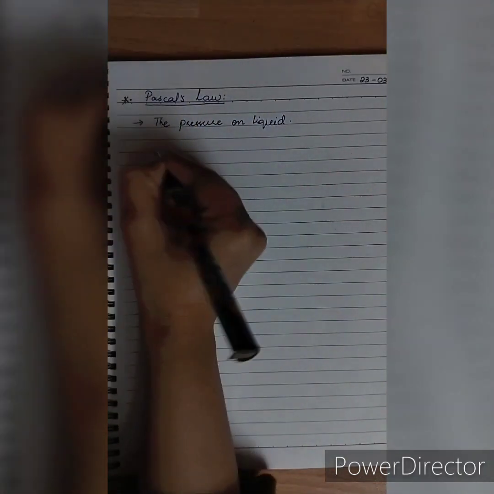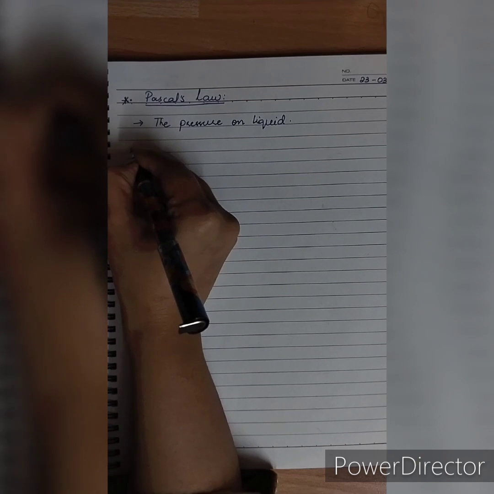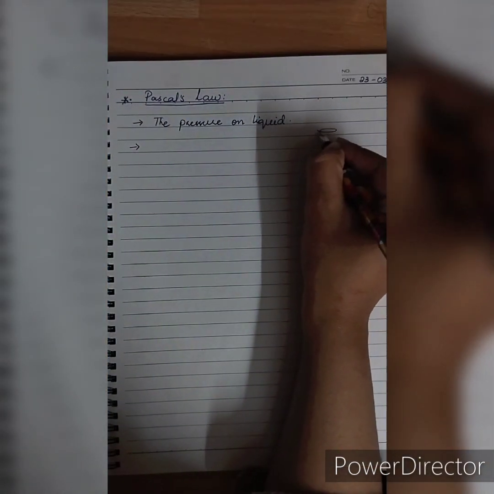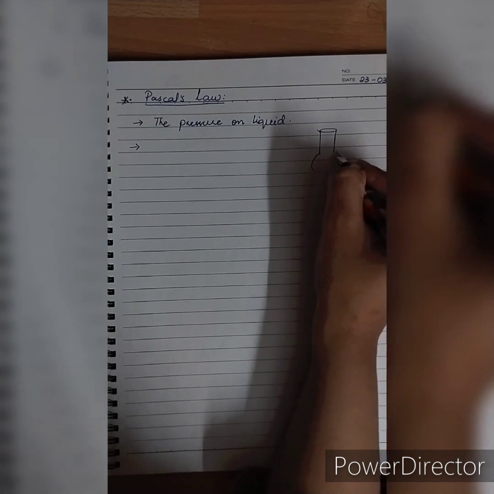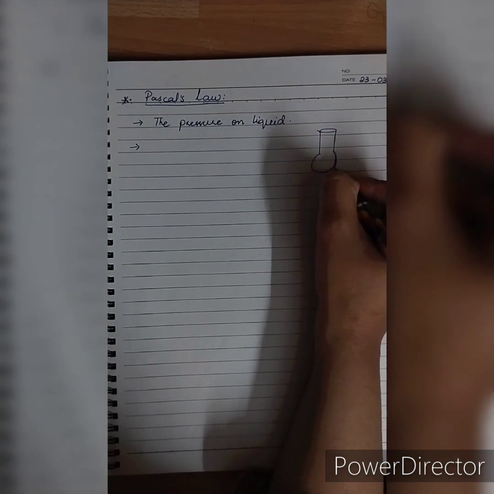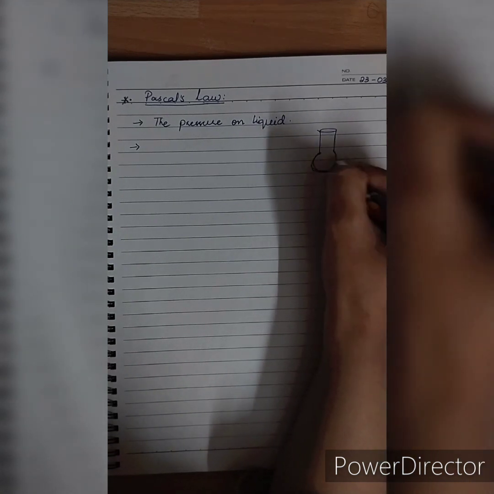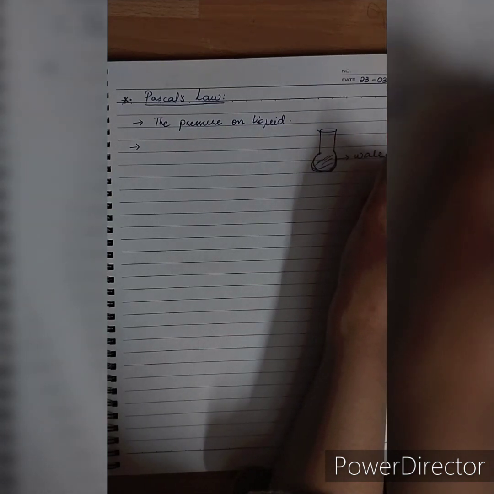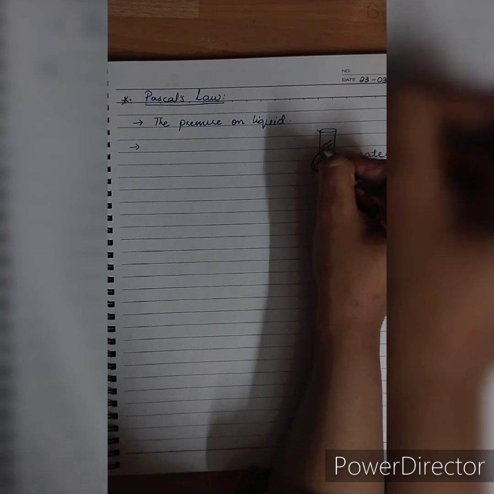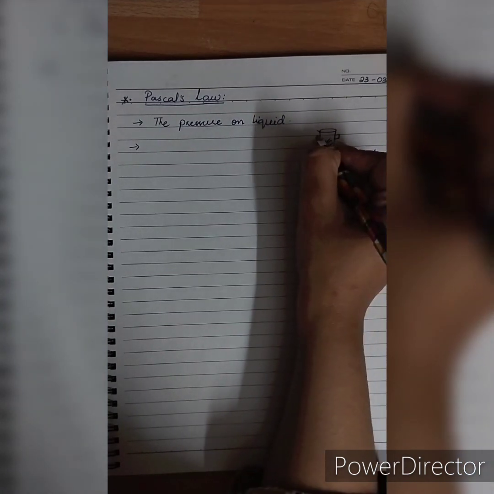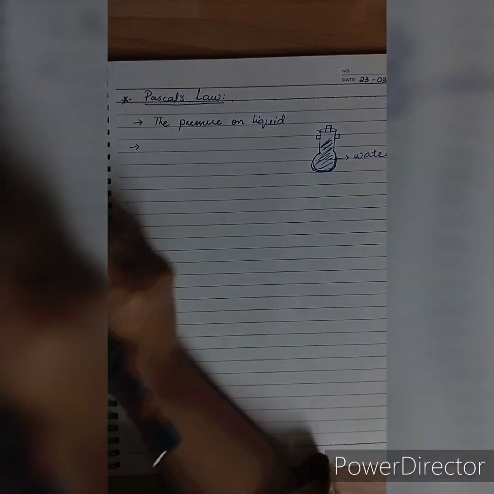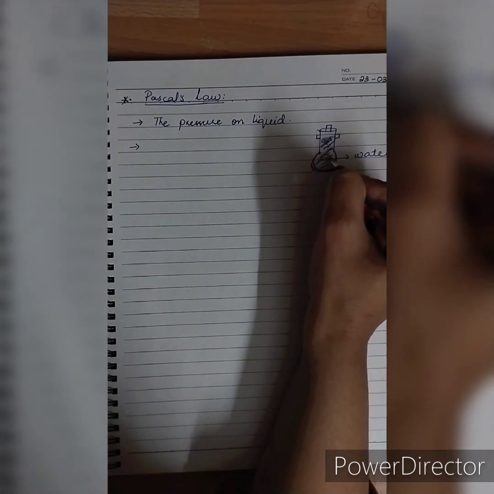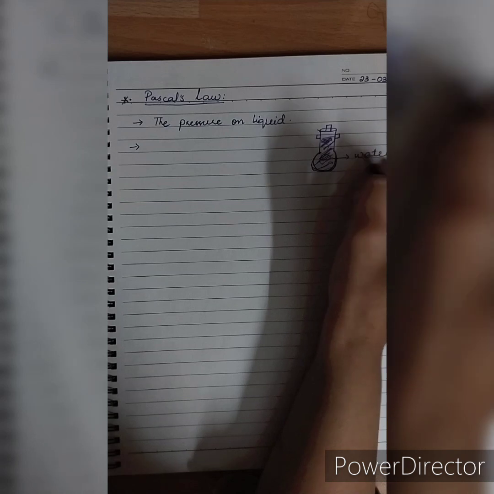What does it mean? Let's have a look. Whenever we apply pressure on a liquid, suppose there is a container, and please bear with my drawing, in this container the water is filled. Let's suppose there are three pressure points from where we can apply pressure on the water that is filled inside this container.